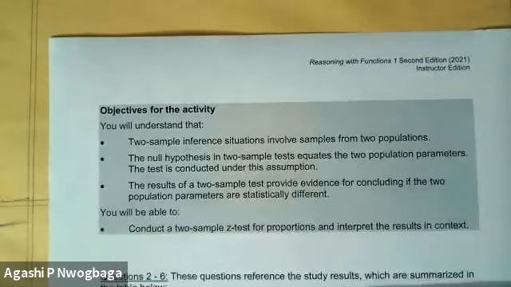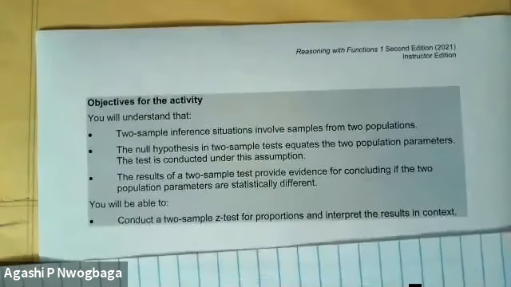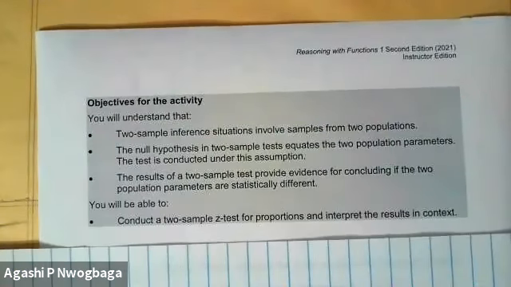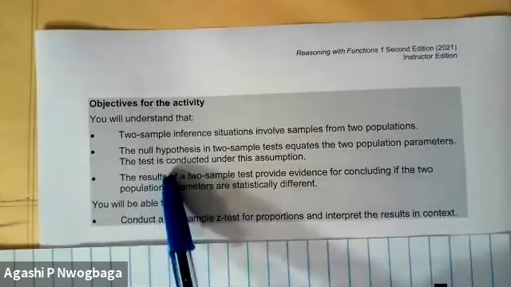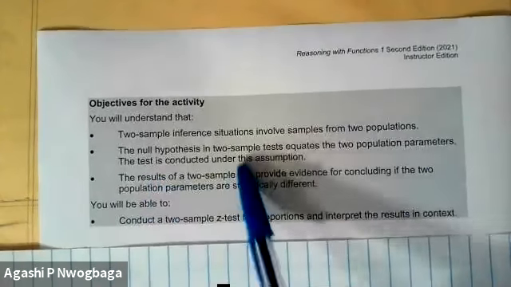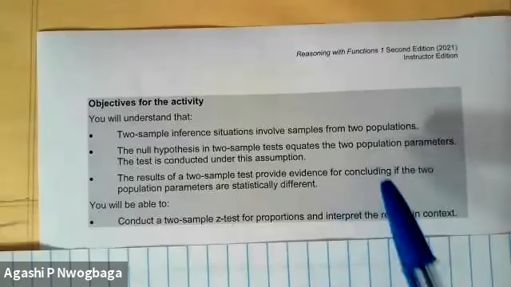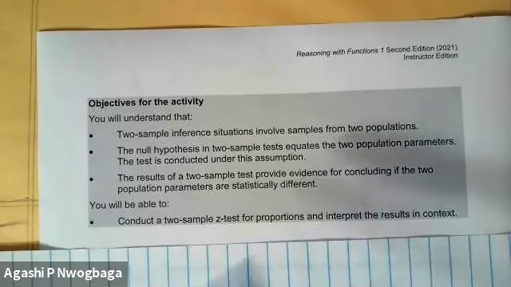Okay, the objectives of this activity. You will understand that 2 sample inference situations involve samples from 2 populations. The null hypothesis in 2 sample tests equates the 2 population parameters.